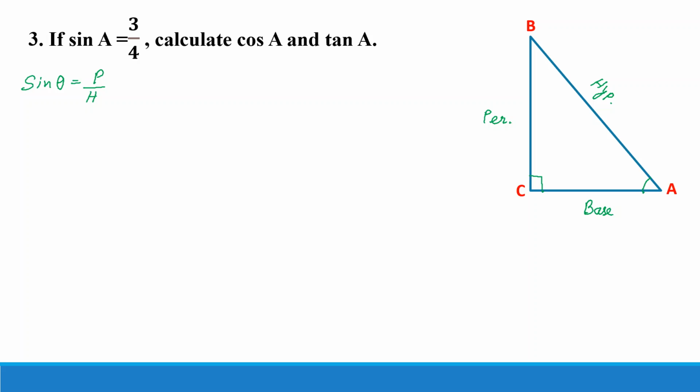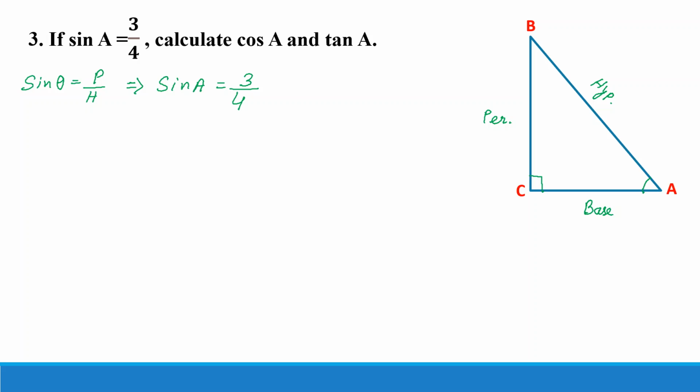Sine theta is a ratio, and we all know that the ratio is always written in simplest form. What I mean to say from this is, many a times what the students do, they see that sine A is equal to 3 by 4, which is the ratio of perpendicular and hypotenuse.